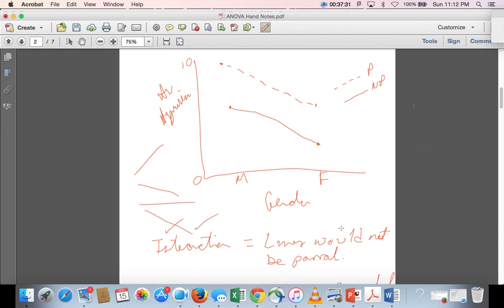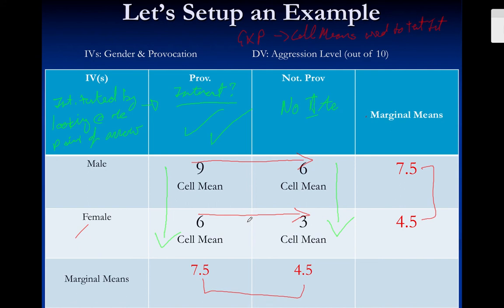Why? Because my lines would not have been parallel. What if I had found a situation where one line went like that and one line went like that? I still would have found an interaction because, again, my lines are not parallel to each other. So if the lines are parallel to each other, there's no interaction. This confirms it for us because I told you all the arrows point in the same direction.